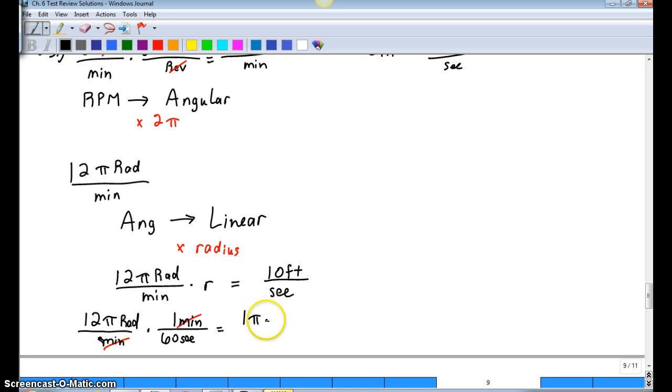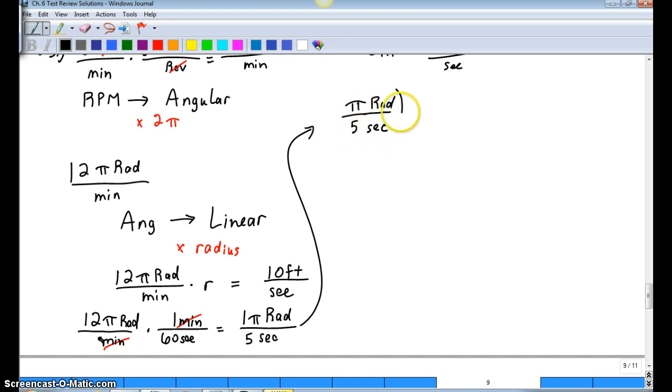Then we have our pi term. Don't forget to carry that pi term. Pi radians per 5 seconds. Okay? So if I bring all this up top, pi radians every 5 seconds times r equals 10 feet per second.